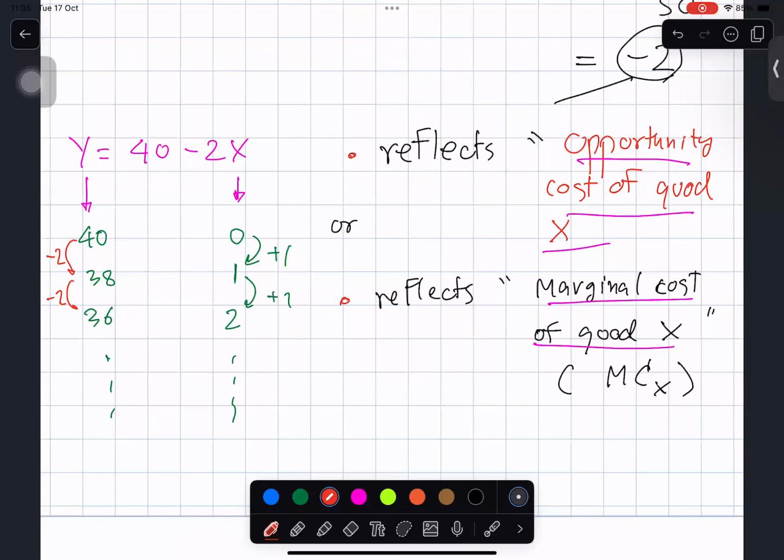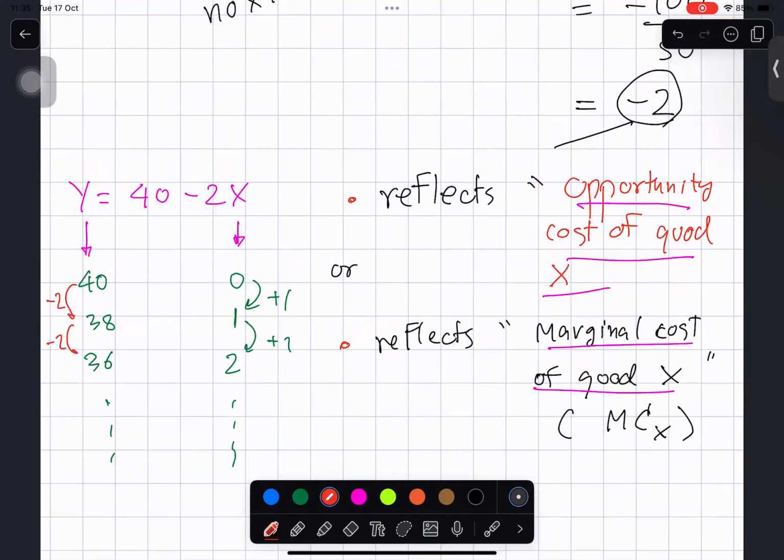Marginal cost of pizza equals 2 sacrificed units of Pepsi all the time. Okay. Now you know everything that I know about the budget line. I tell you all I know about this.